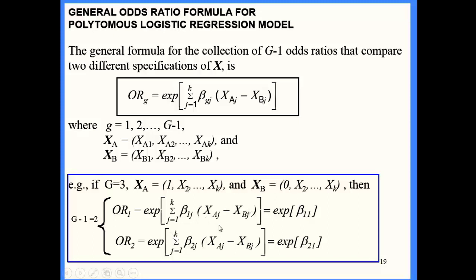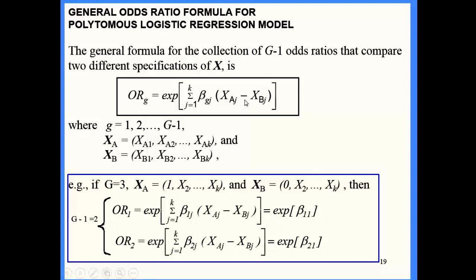Everything's going to drop out of the model except for the very first value of the first variable, and all you're going to get is e to the beta 1,1 and e to the beta 2,1. So this is the general formula for the odds ratio in a polytomous logistic regression model. This is what the two odds ratios will look like if you use this formula by plugging in what you've got.